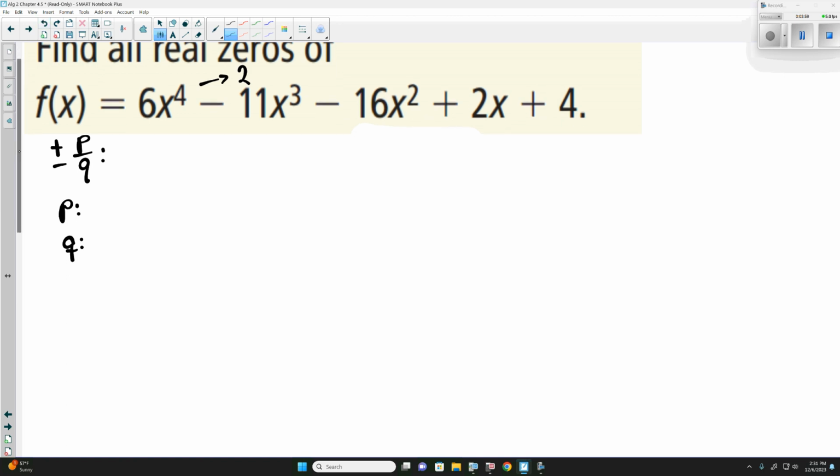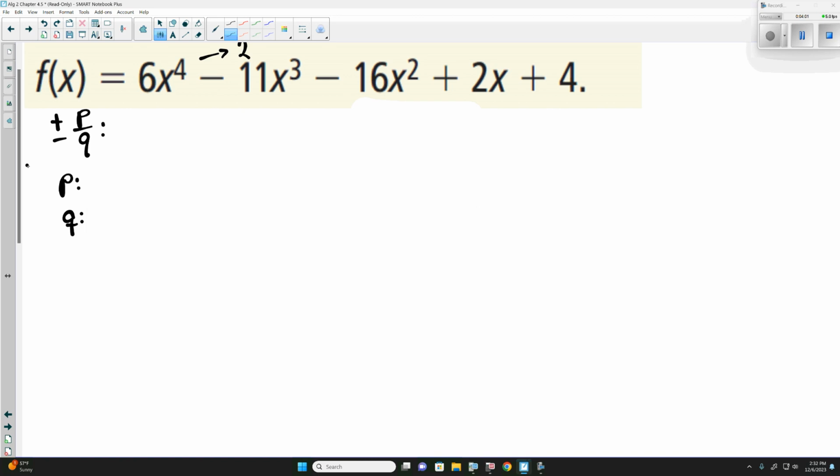Now, here, rational zeros. Factors of p are the factors of the constant term, our term without a variable, which is 4. Well, first set of factors of 4 are 1 and 4. The other are 2 and 2. Now, we're only going to list it once. Because if you remember back to yesterday when we listed out the factors, if any of them repeat more than once, we only list them once.